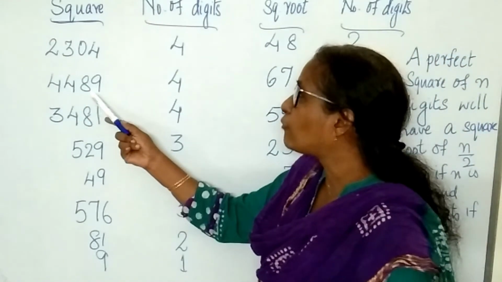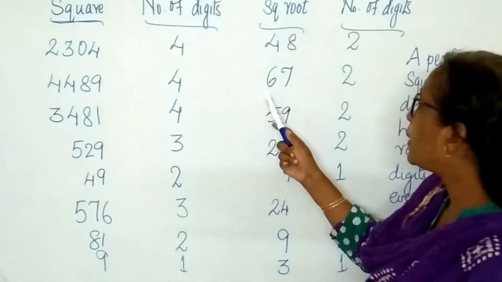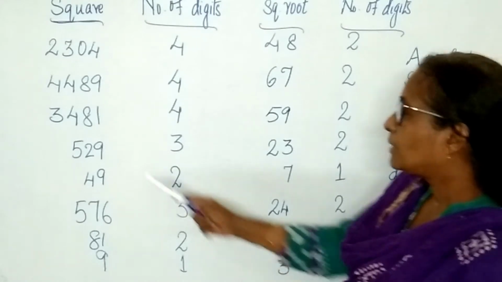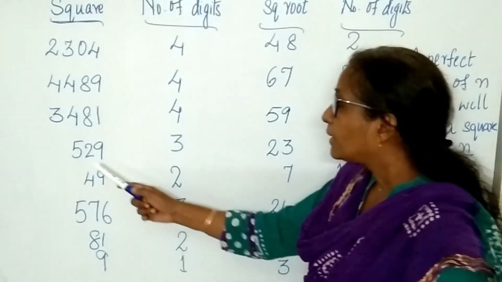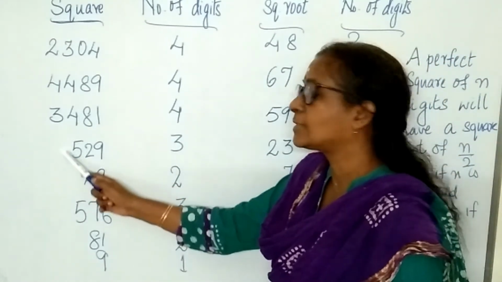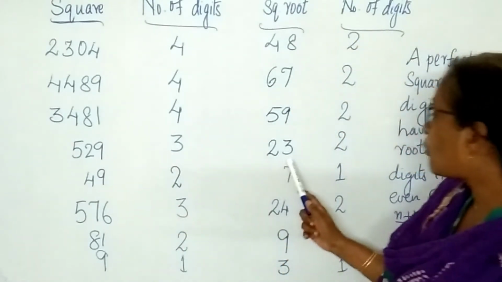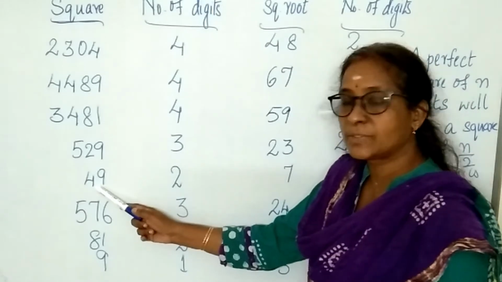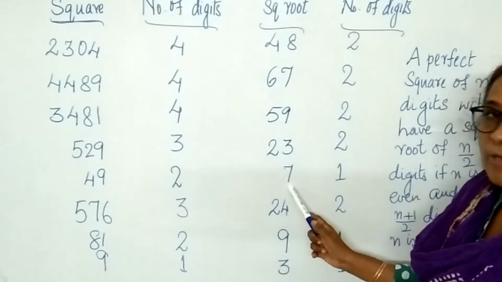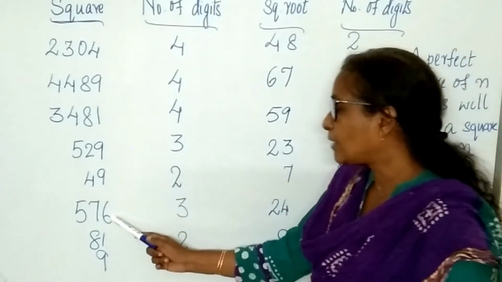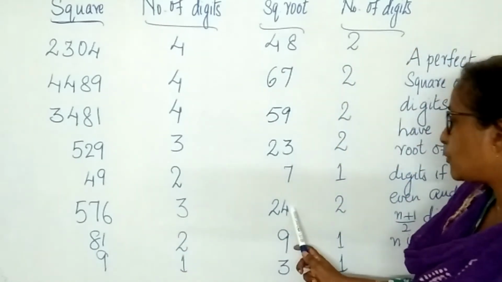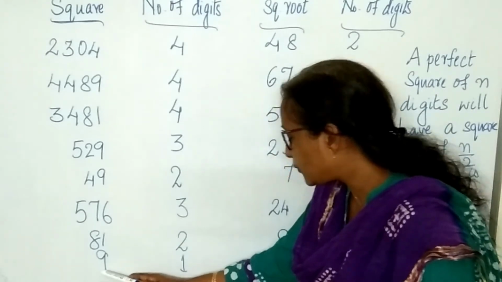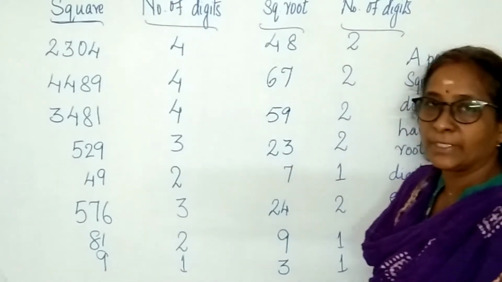Similarly here it is a 4 digit number and its square root is 67, which has 2 digits. Same way here, 3 digits and in the square root we have 2 digits. Here 2 digits, and in the square root we have 1 digit. Again here 3 digits, square root has 2 digits. In the last one only 1 digit, square root also has 1 digit.